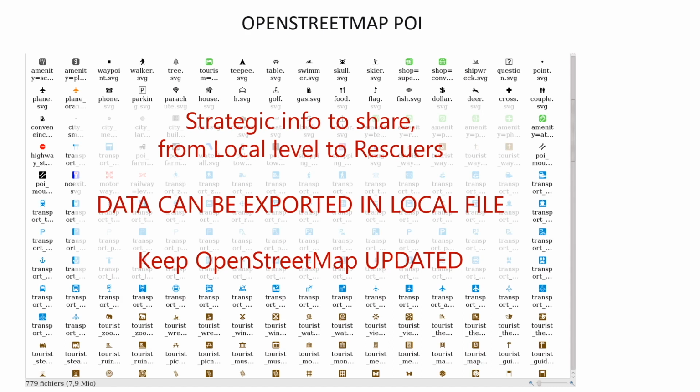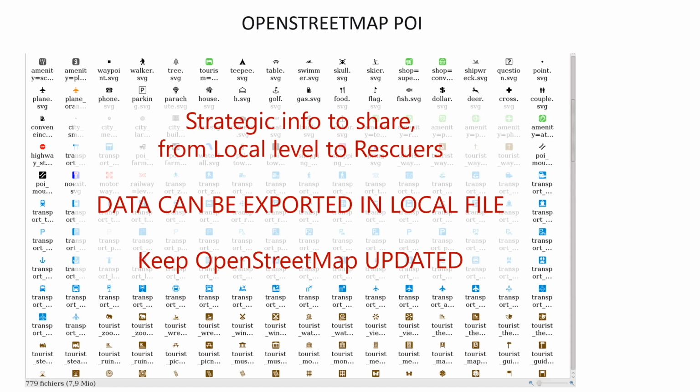So that data is for sure something that has to be part of the information the rescuers have in the field, even if the internet connection is not available. Then for sure, if the internet connection is available, lots of other information can be immediately downloaded from different places.